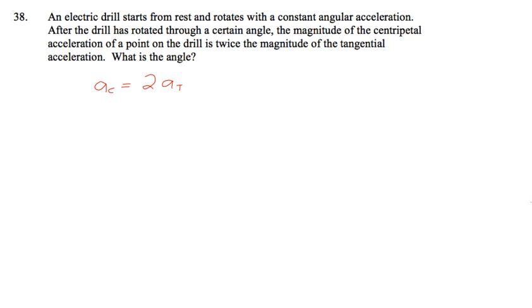So AC, again, just like the last problem, AC is going to be r omega squared, and that will represent the final angular velocity, because we want to know at some later point it's starting from rest. So I know it's not the original, so it's the final. And that's going to equal 2r alpha. Just like the last problem, the r's cancel out.